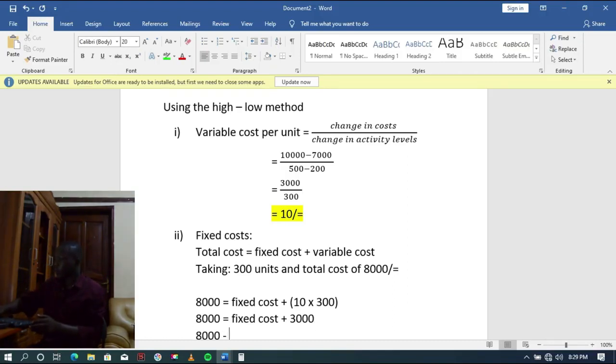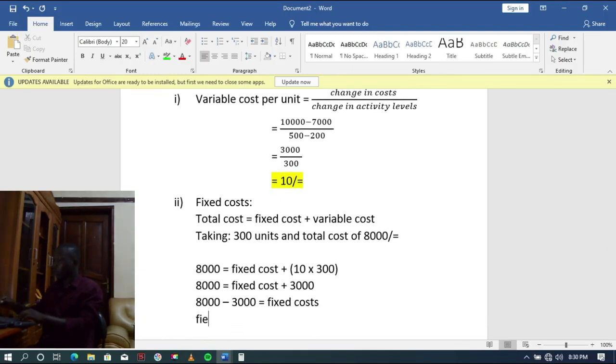Let's get back to our computation. Given that we've chosen 8,000 against 300 units, we get back to the formula. Total cost of 8,000 equals fixed costs, which we are looking for, plus variable costs.